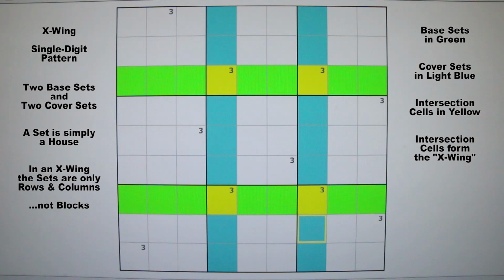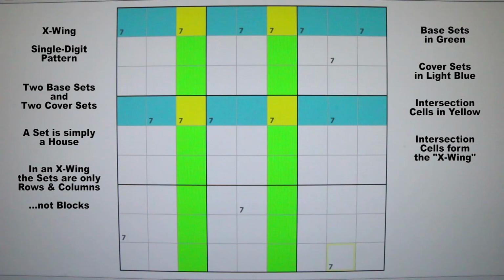So now let's take a look at what happens when the base sets are in the columns and not the rows. Here we see we have two base sets in column 3 and column 6. They each contain a conjugate pair of two candidate 7s. So we know that in column 3, one of those two 7s must be true and the other must be false.